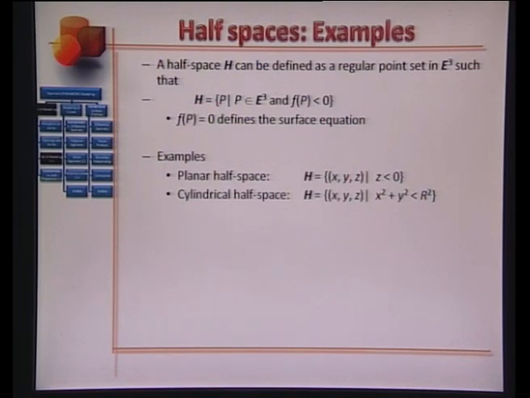Example 2, a cylindrical half space, a set of all points which lie within the cylinder defined by the equation x squared plus y squared is smaller than the radius of the cylinder squared. A spherical half space, it's a point set of all points that lie within the spherical surface.